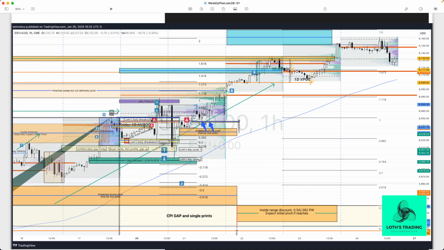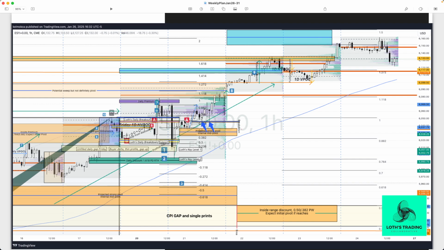What we identified here on that weekly plan was this level A here, 6050, as a very key level for the market to continue to go up. If we looked on our monthly chart, I don't have that here right now, that price corresponds to the prior weekly high, but it's also the 1.272 expansion of the November range.